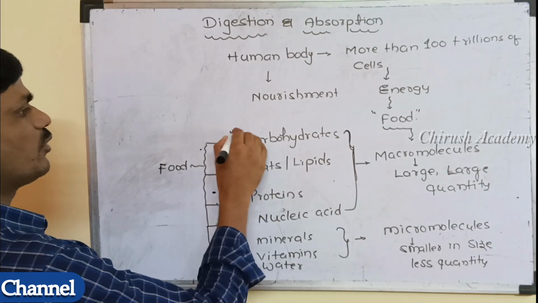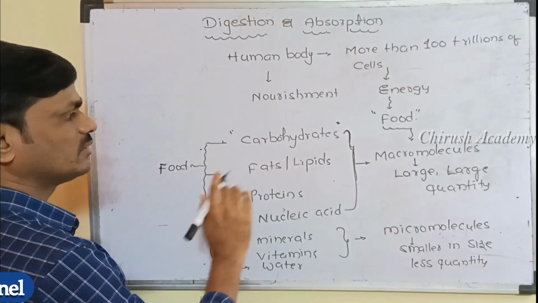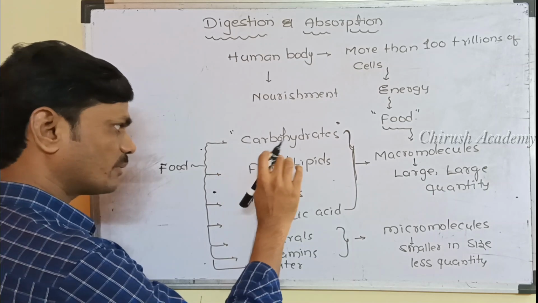Carbohydrate and fat, these two are energy providing food materials.